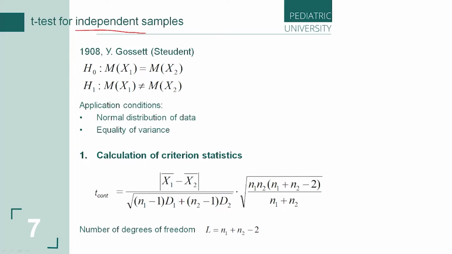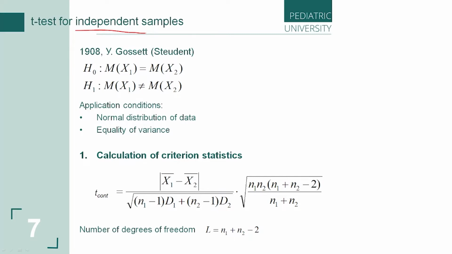He was working on evaluating beer quality, breeding the highest yielding variety of barley, and he couldn't use his name to publish his statistical work because he had a contract with the brewery that stated that all data which came out of the brewery was a trade secret.